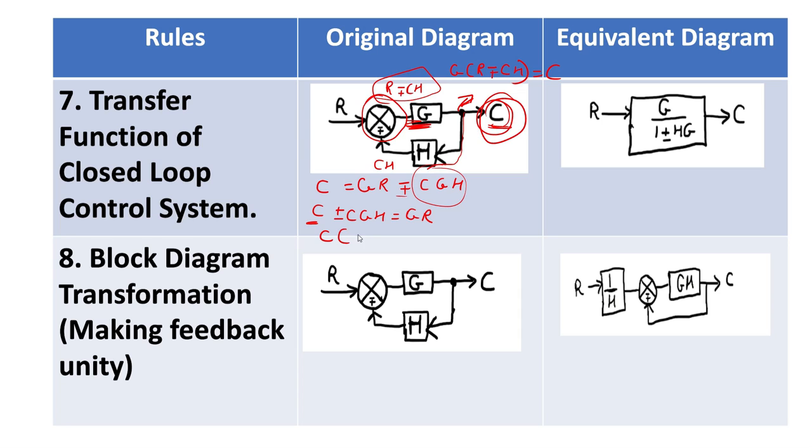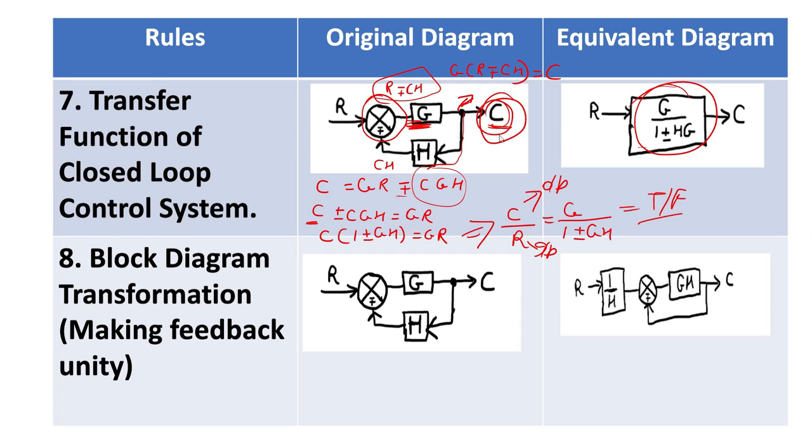So C into 1 plus minus GH is equal to GR, and then you can rewrite as C upon R is equal to G upon 1 plus minus GH, and you know that C is your output and R is your input, and output upon input is nothing else but your transfer function. So you can say that the transfer function of a closed loop system like this is this.